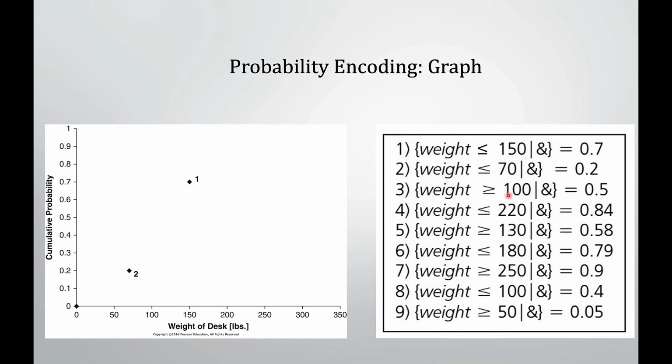How do we do that? It's easy, right? Because these two events are complementary to each other. The weight of the desk is either greater or equal to 100 pounds, or it is below or equal to 100 pounds. So the probability that the weight is less or equal to 100 pounds is just 1 minus this probability, which is equal to 0.5 in this scenario.